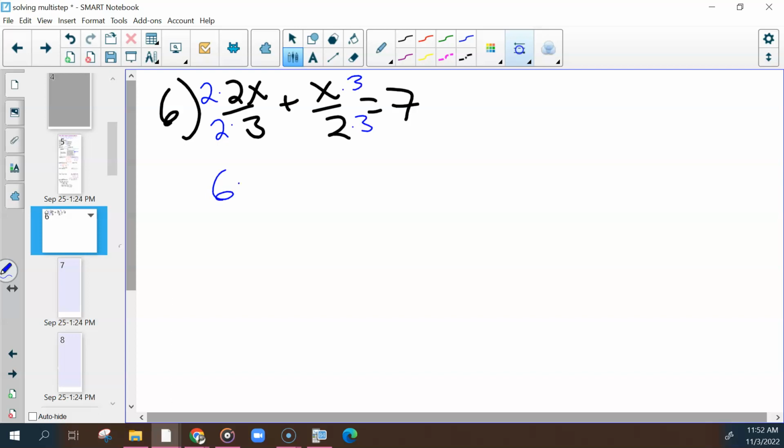So this will become 4 over 6 and 3x over 6. From there, because we now have the same common denominator, we can combine our fractions.